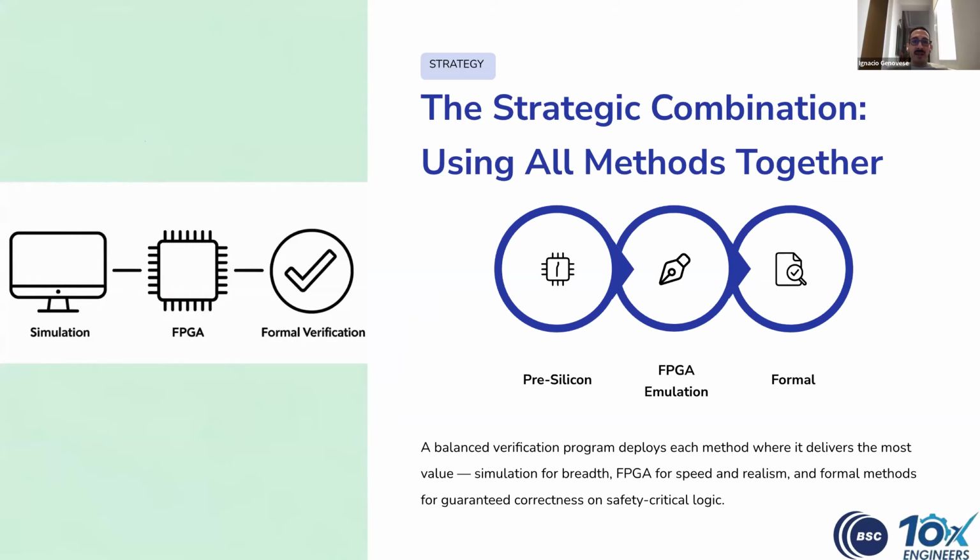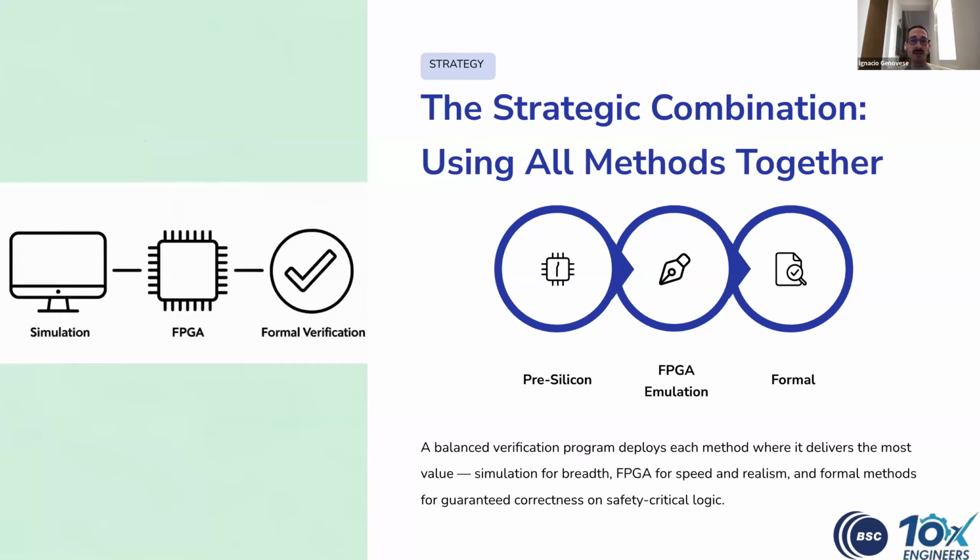Summarizing this, a winning strategy uses all of these methods. We need to balance the verification approach to use each of these methods where they should be applied and where they deliver the most value.